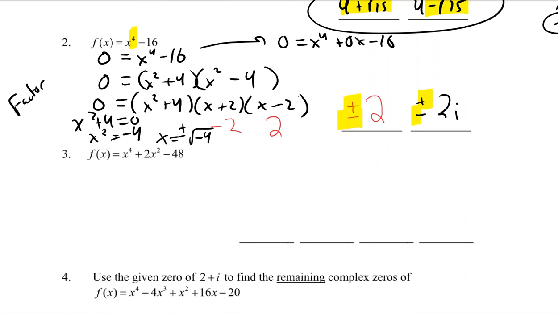Okay, so let's see if that works on question 3. This is a trinomial, so the A times C method still works. The product sum method doesn't only work for quadratics, but I'm going to try to get it with guess and check. X squared times x squared is x to the 4th. Multiply to negative 48, but then maybe add up to 2.